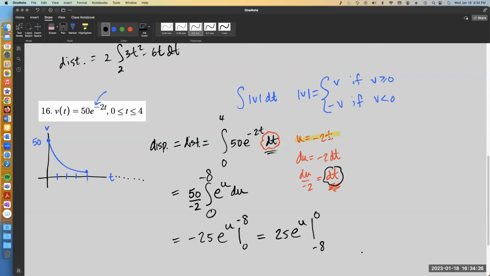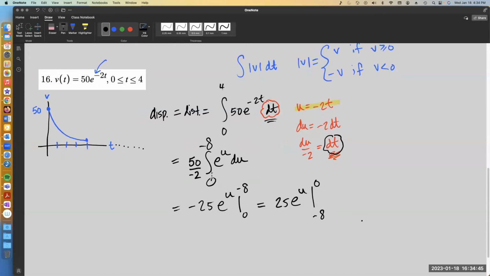Plugging in t equals 0, -2 times 0 is 0. So that's why the corresponding value for u, these are u values, is 0. Plug in the 4 for that t, 4 times -2 is -8. So the corresponding u value would be -8. Okay, got it. Thank you. That makes sense? Okay.